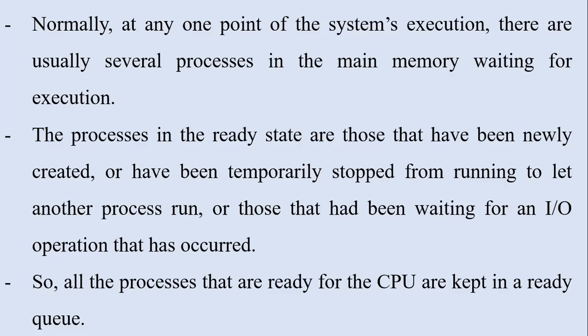And therefore, the processes found in the ready state are of three types. Number one, those processes that have been newly created; they have transited from the new state to the ready state.